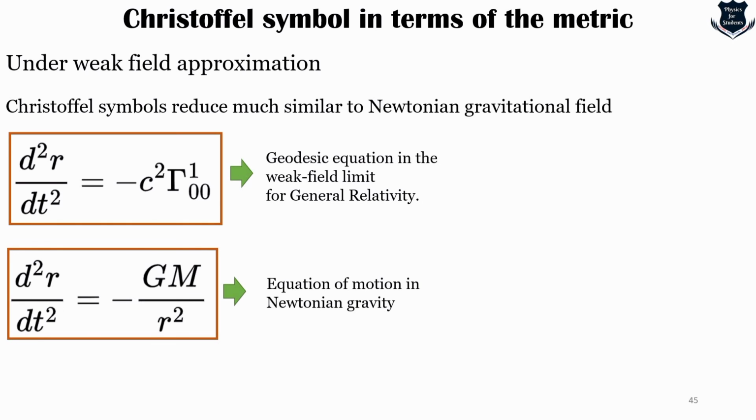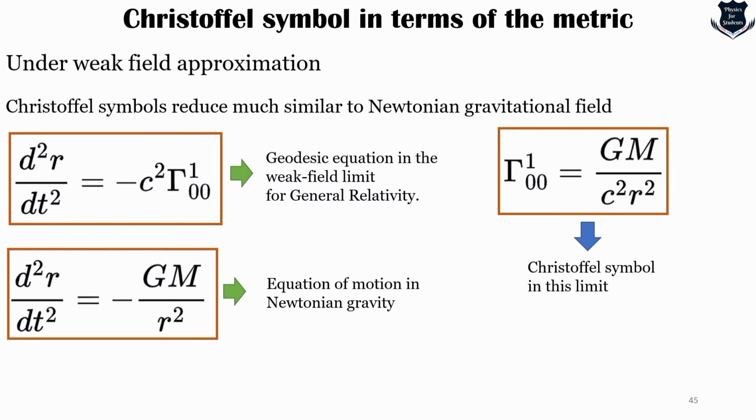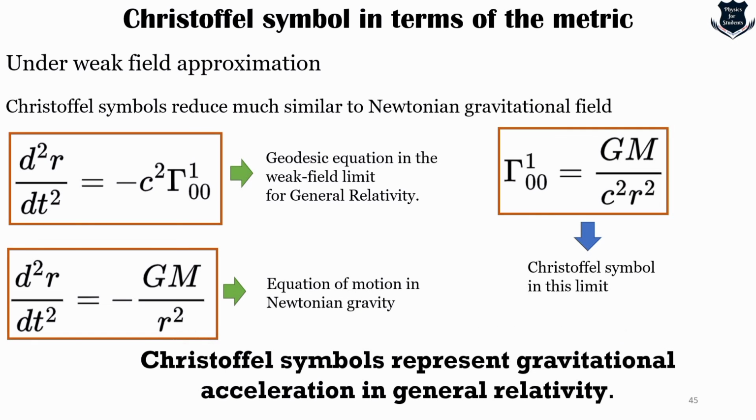This is the equation of motion in Newtonian gravity. Doesn't it look the same in the weak field limit? And this is the Christoffel symbol in this limit. So finally we come to the point that Christoffel symbols represent gravitational acceleration in general relativity. Why? Because they denote the change of the basis of vectors, and that change causes the gravitational acceleration.